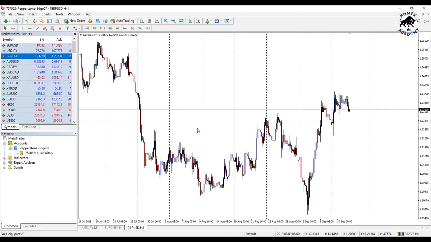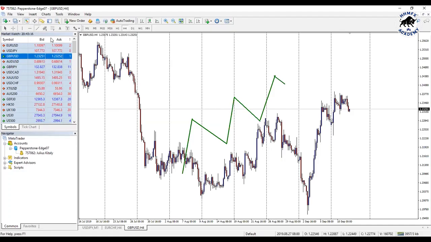Remember, when the market is moving, guys, especially when the market is trending, the market keeps on making things like this. Maybe if it's an uptrend, the market will move like this.